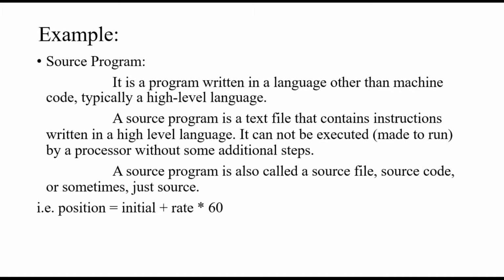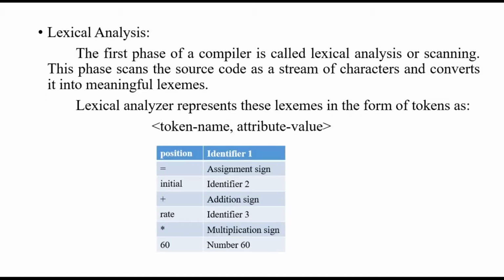With the help of this example, I can show you how all the phases work from source to target program. The first phase is the lexical analyzer. The source program is passed to the lexical analyzer, so it generates a token stream. Then what is a token?